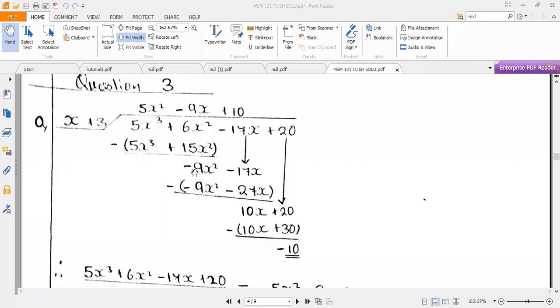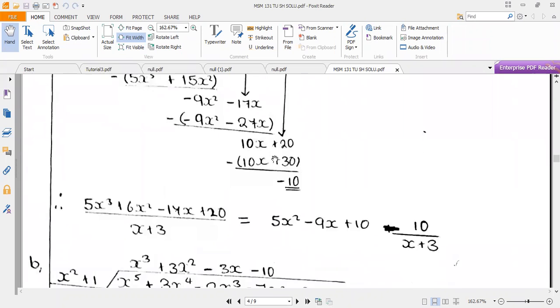What is 6 minus 15? Negative 9. And that's where I got the negative 9x squared. And the negative 17x, I just dropped it and put it here. I hope that is clear now.